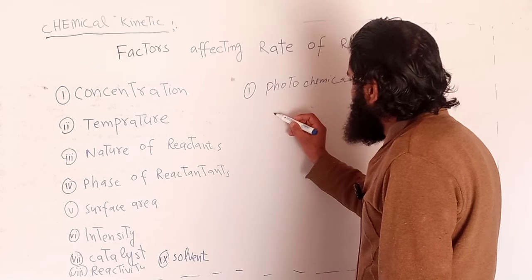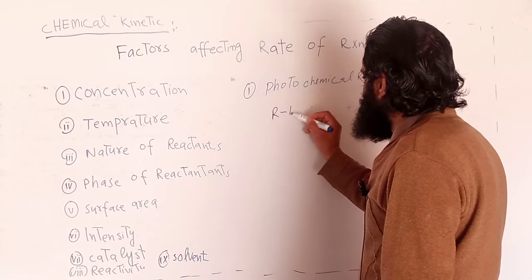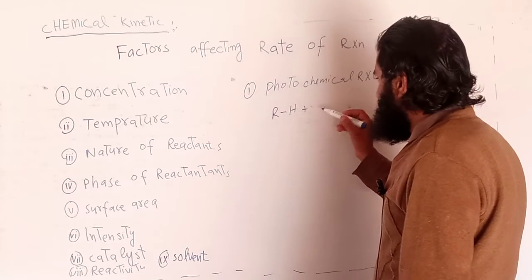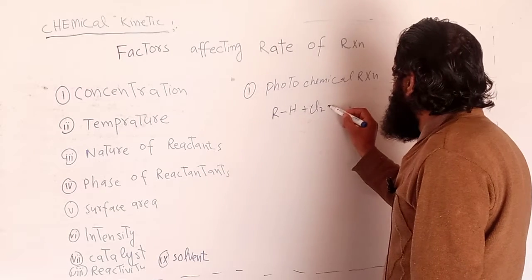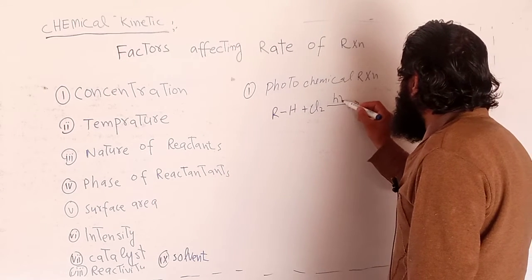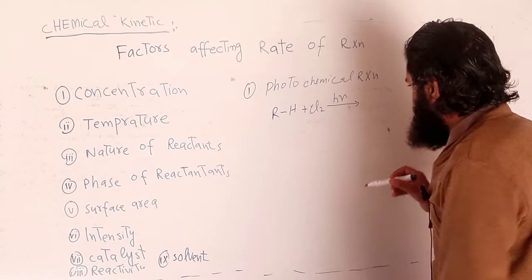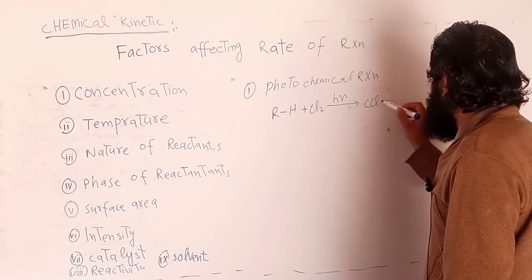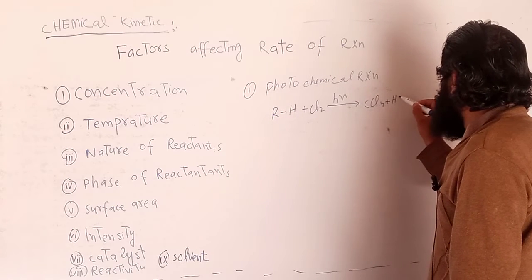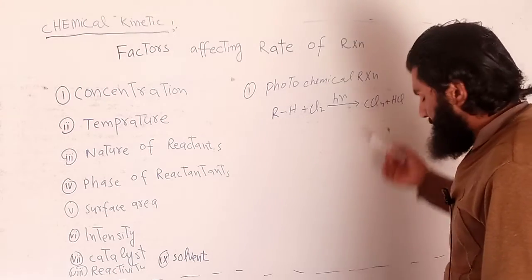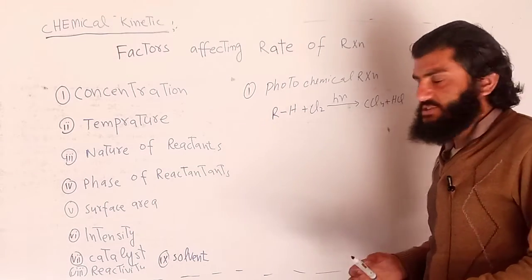For example, alkane reacts with Cl2 in the presence of photon, clear, and forms CCl4 plus HCl, clear. These are types of photochemical reaction.